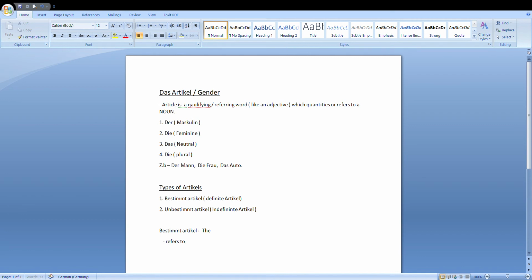It refers to more specificity, particularity, fixed. It refers to something that is specific, known, particular. That this is the thing. I need that car. I need the car.